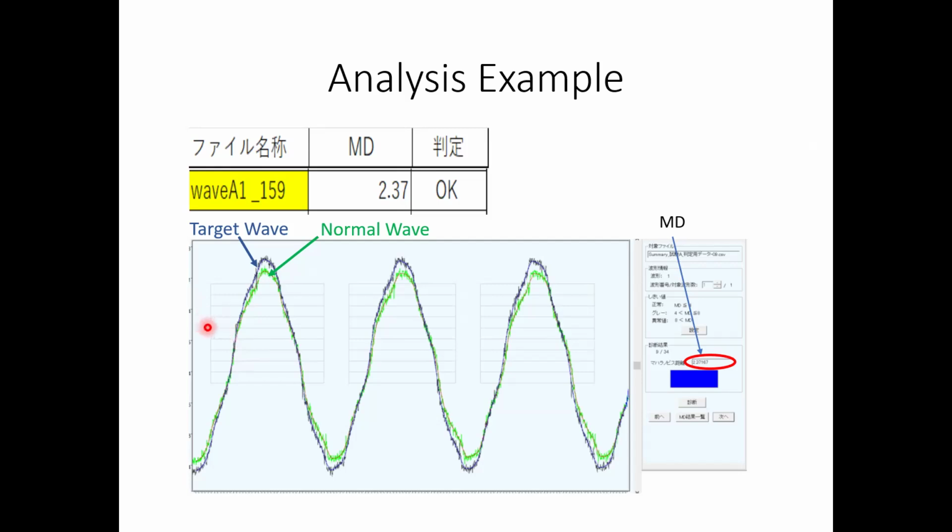Ten normal waveforms are used as the unit space and calculate the Mahalanobis distance for the target data.